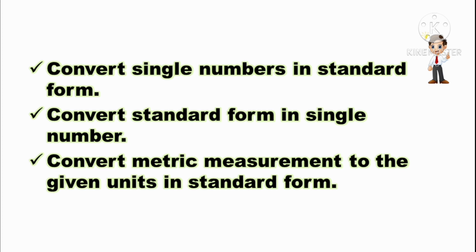Next, you will be able to convert standard form to a single number, such as 2 multiplied by 10 to the power of 3, which will be 2000, where 10 to the power of 3 represents 1000.